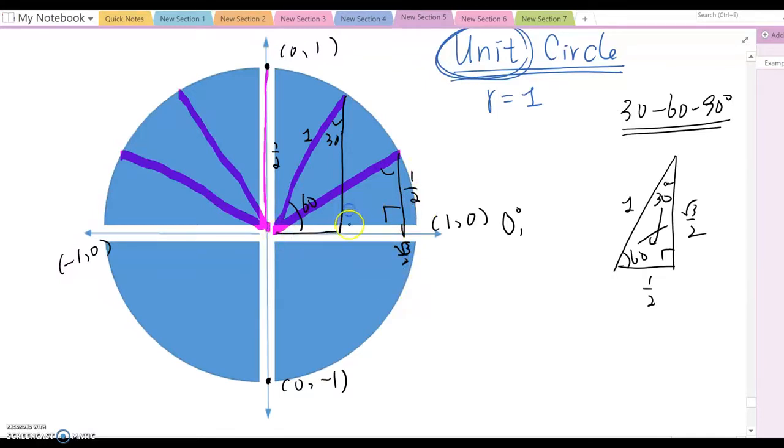So this becomes 1 over 2, and correspondingly there will be root 3 over 2 here. So this coordinate becomes (root 3 over 2, 1 over 2). This coordinate becomes (1 over 2, root 3 over 2). This coordinate we know already.